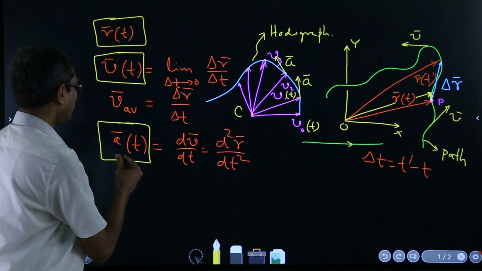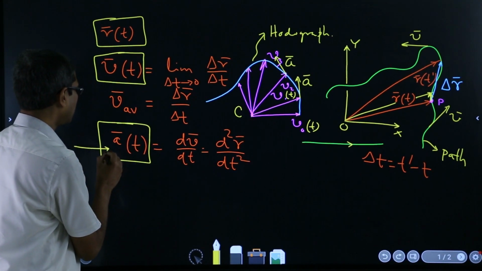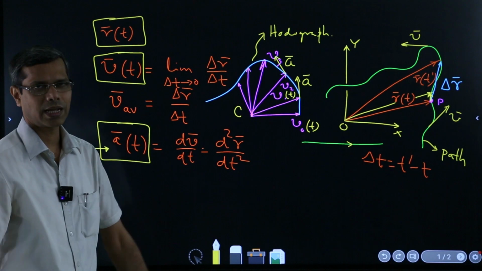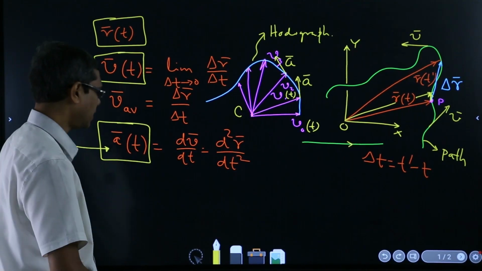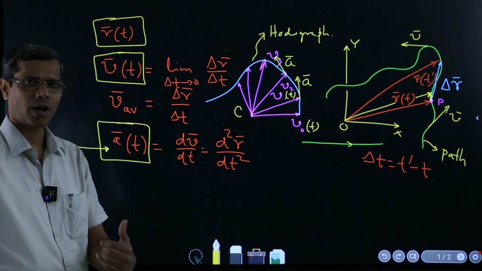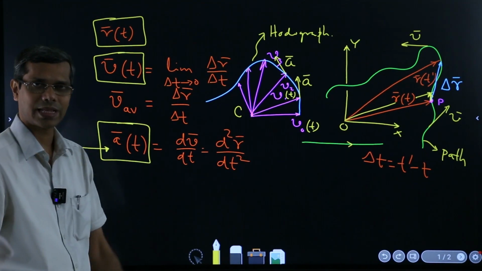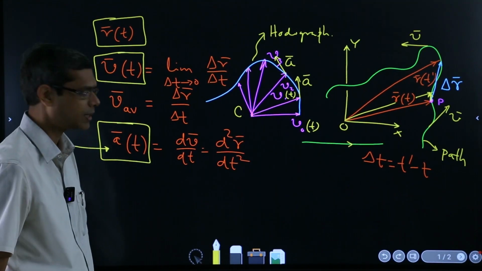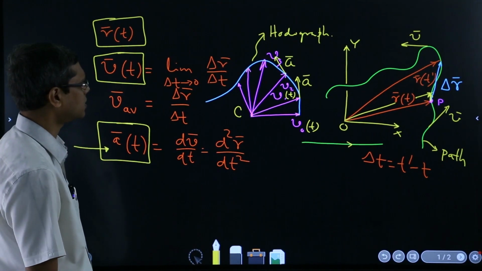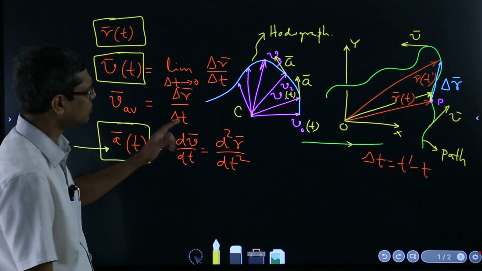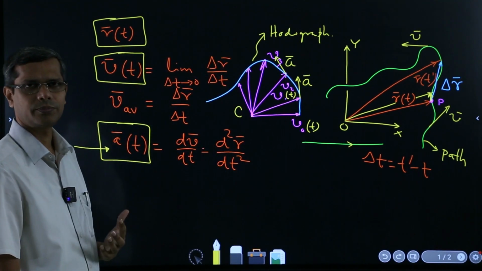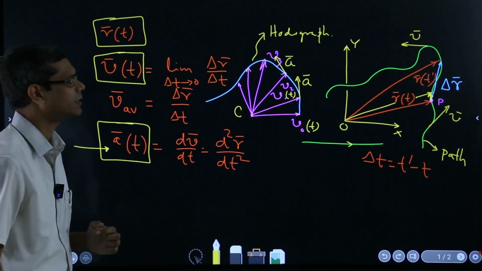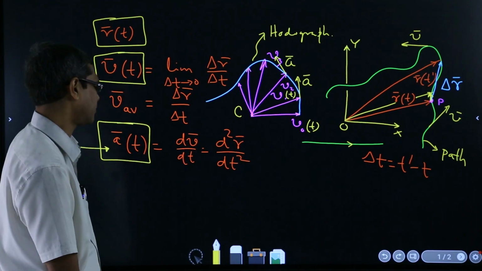And if you remember, we are majorly concerned with the acceleration, because in kinetics, acceleration times mass is equal to force, which is acting on that particle at that particular time. So that is our concern, to find out the acceleration. These curves give qualitative information, but quantitatively they are not very effective.